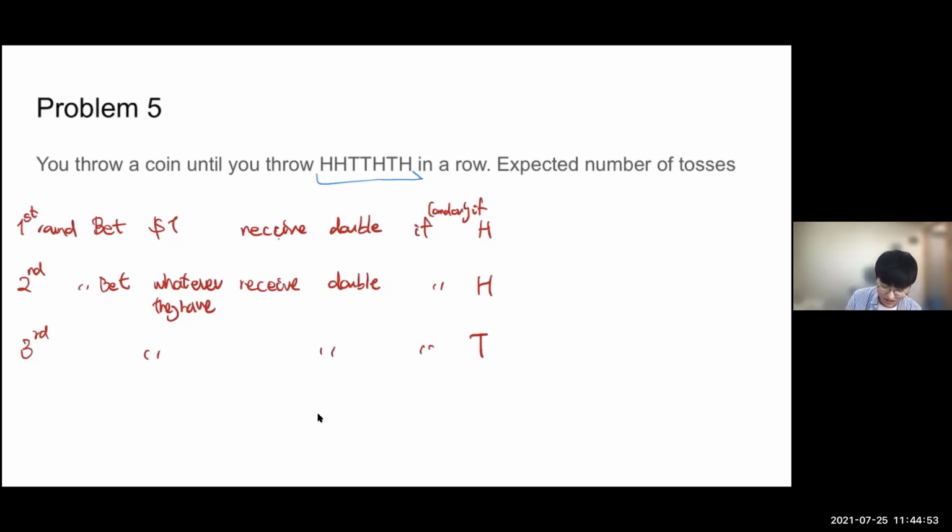I guess I haven't explained my point. But the point is that on the fourth round, it's the same but with tails, and on the fifth, it's the same but with heads, and then tails, and then heads. So the point is that this gambler will last 7 rounds if and only if HHTTHTH shows up in a row.